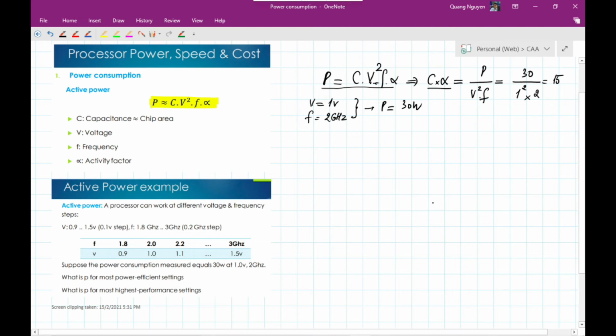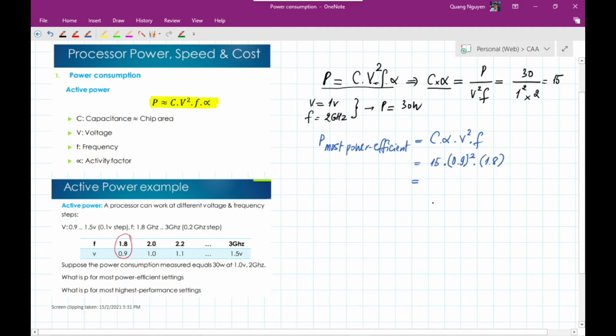Now we calculate the power consumption at the lowest setting, that means this point. Using the calculator, we have the result: this is the wattage at the most power efficient setting. Now we calculate the power consumption at this level, P for the most highest performance.